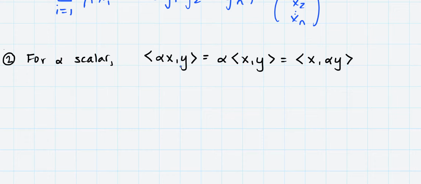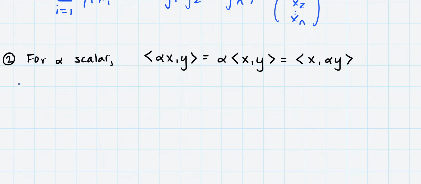Another property is if we have a scalar and we multiply it with the vector, let's say the vector x, we could also just take that scalar out, take the inner product of these two vectors, and then multiply it by the scalar. Or we could take the scalar and multiply it by the vector y and then take the inner product of x and alpha y. We can prove that as well.